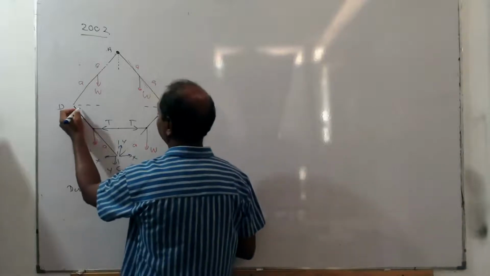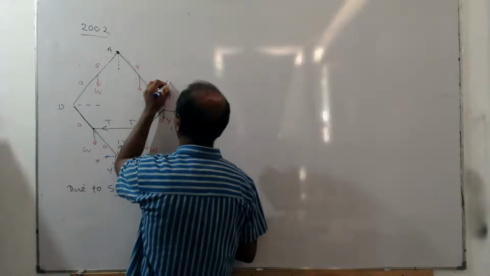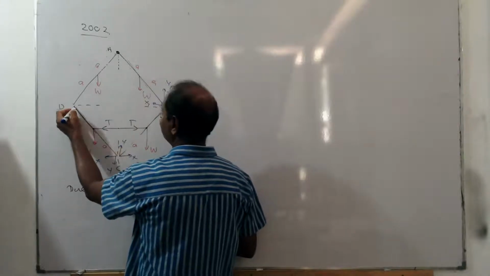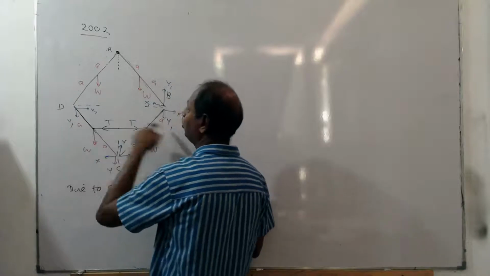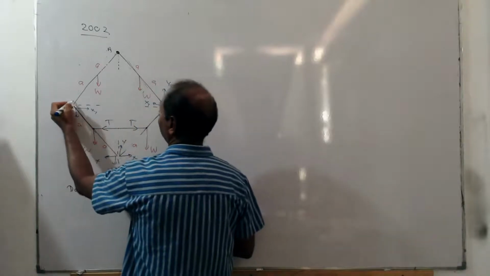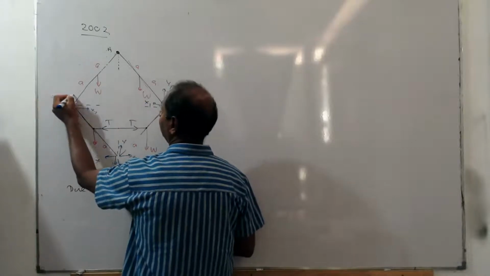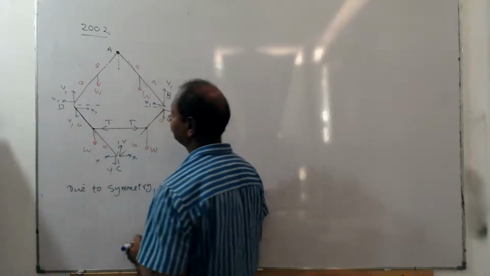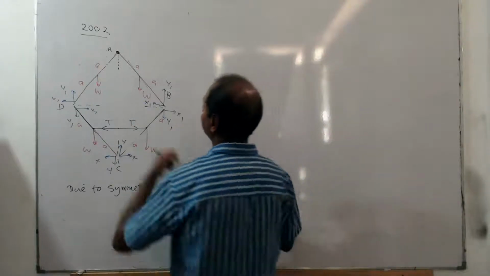So here X1 and Y1, and due to symmetry this also should be X1 and Y1; you mark them symmetrically. So all these angles are 45 degrees.